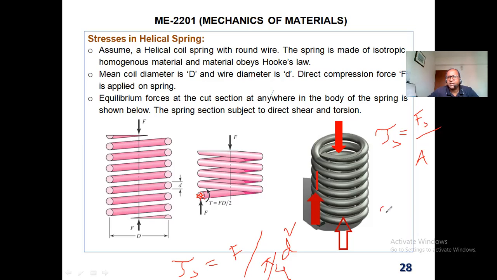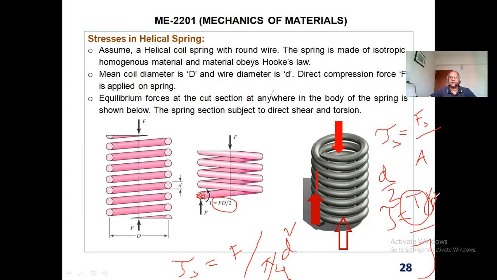This torsional shear, tau equals TR divided by J. This T will be this one, MD by 2. And this R will be the radius of this wire, that means small d divided by 2.